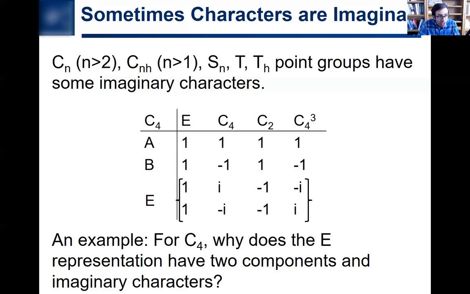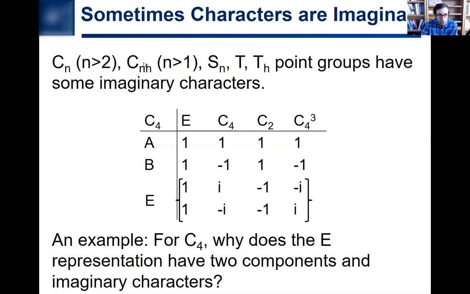So the C4 character table is one of these examples, and it has these i's in here. You have 4 classes, and you only have 3 irreducible representations, but the E irreducible representation is actually broken up into 2 components, and these have imaginary values in them.